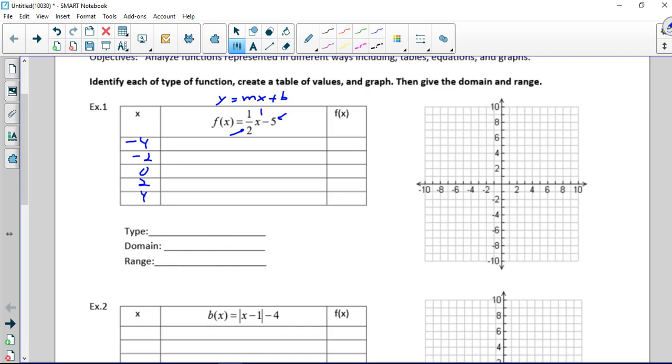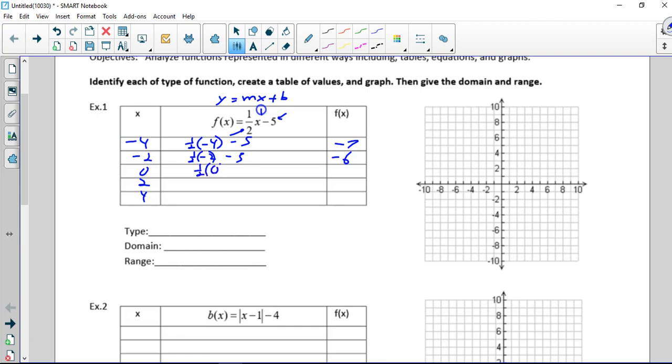And all I'm going to do here is plug it in. 1/2 of -4 minus 5. Well, half of -4 is -2, minus 5 is -7. 1/2 of -2 is -1, minus 5 is -6.